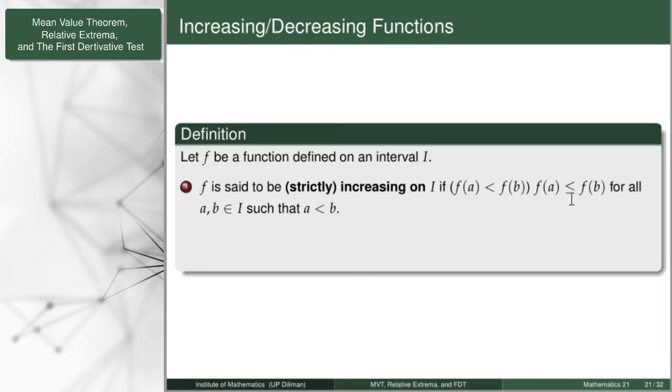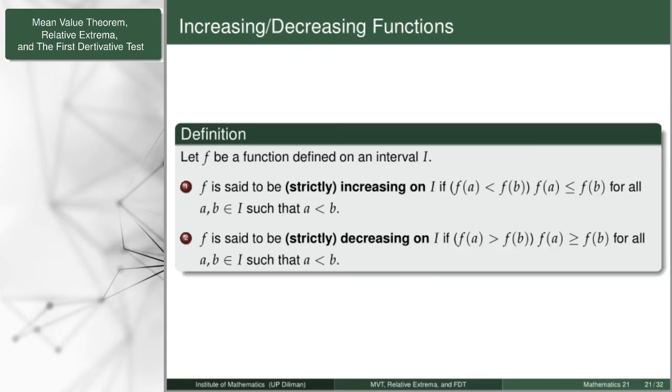Increasing essentially means that these inequalities have a direct proportion. A smaller argument will mean a smaller or equal evaluation. A bigger argument means a bigger or equal evaluation. For strictly increasing, we remove the equal sign here and we'll have strict inequality.